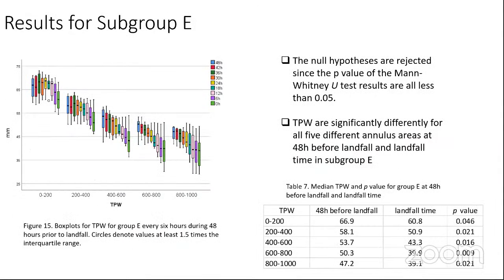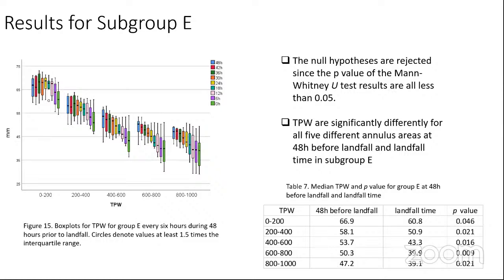Then we look at the 2 subgroups individually. First, let's look at the group of hurricanes making landfall at the east coast of the United States. We test the moisture 48 hours before landfall and the moisture at the time of landfall using the MSWEP test. Based on the result, the null hypothesis is also rejected.